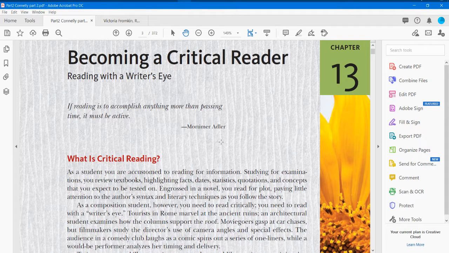So I want to do the critical reading part, because I think this is important when examining written text. So, what is critical reading? Well, you can read through the chapter, but basically, it's not accepting everything that you read.